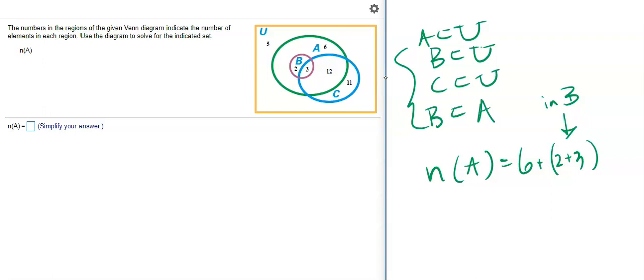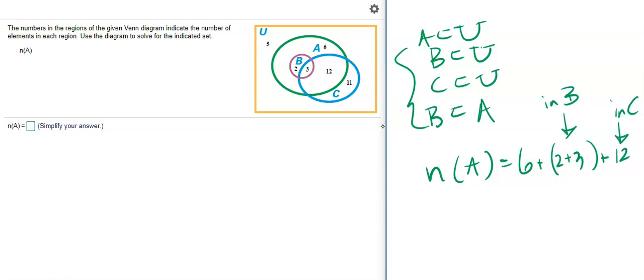And then you notice 3 of these are inside of C, 3 of these elements that are inside of B, but then there's also 12 more elements inside of C that are also inside of A. That's why it's inside of this green circle. Everything inside the green circle is what we're interested in. So there are 12 more elements there that are in C also.